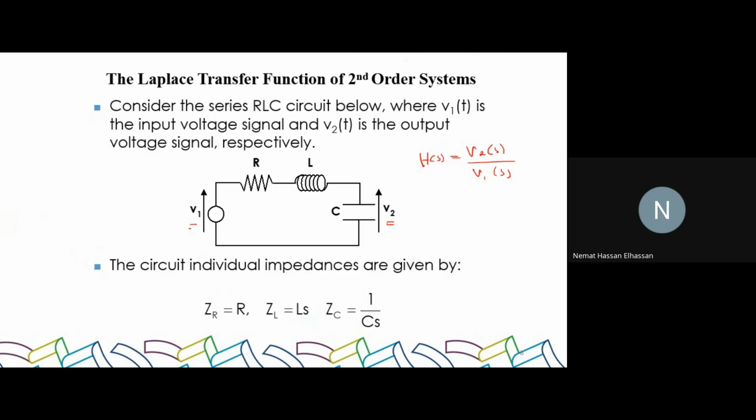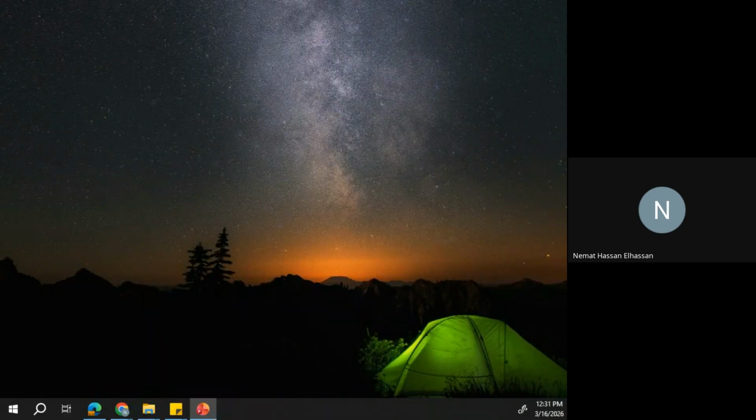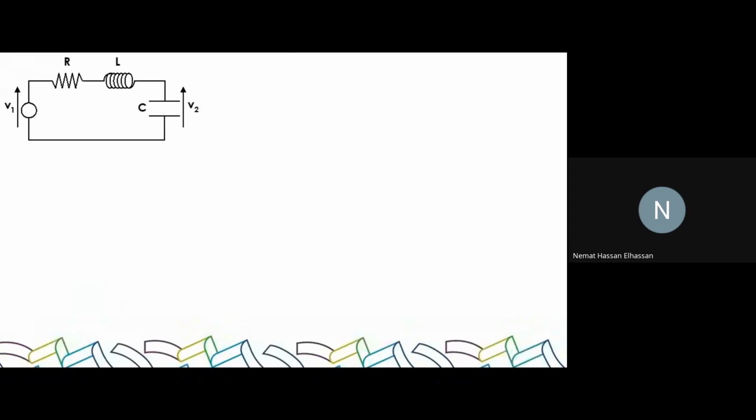So let's add some space and evaluate it real quick. Okay, so if you look at the circuit, we are going to use the voltage divider rule.